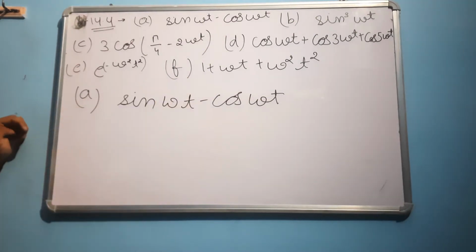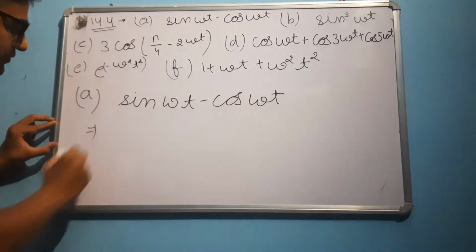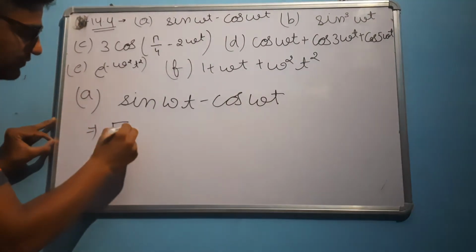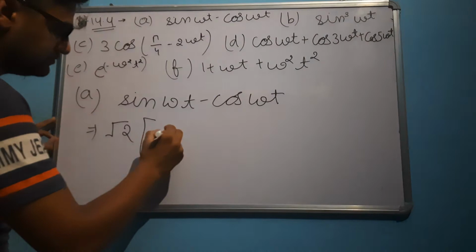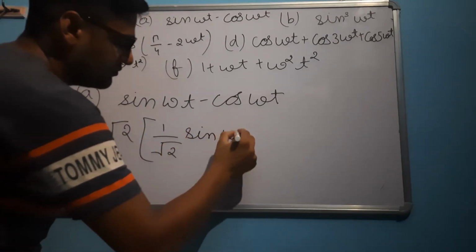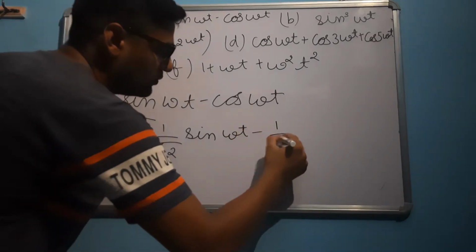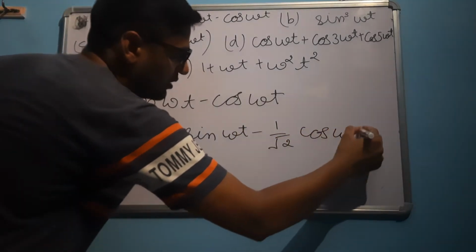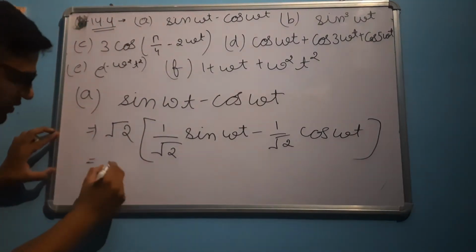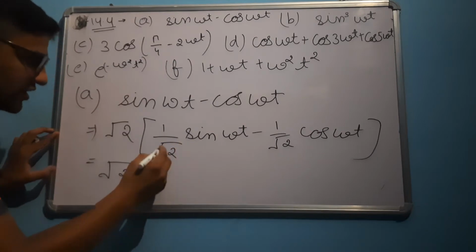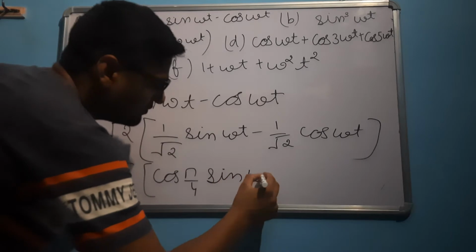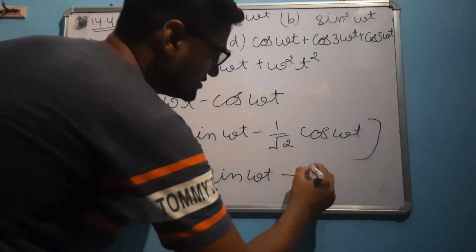To combine it, first of all, multiply and divide by root 2. So root 2 times 1 by root 2 sin omega t minus 1 by root 2 cos omega t. We are dealing with the first function. Now 1 by root 2 we can write as cos pi by 4 and sin pi by 4.